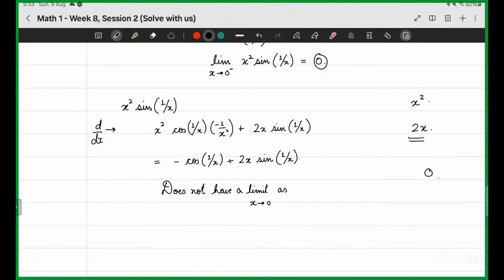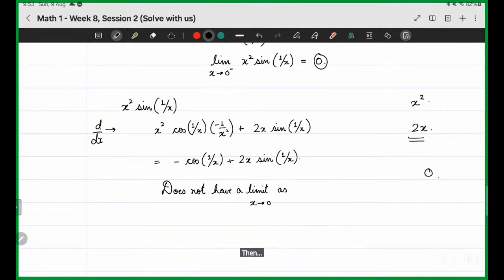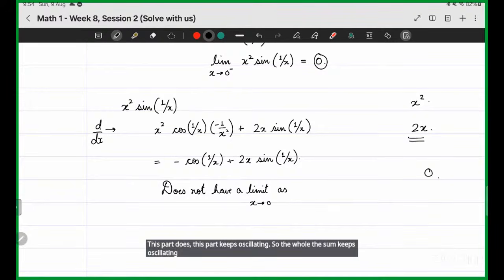The same thing happens with sine 1 by x also. But since it is multiplied by x, which itself is going to 0, by the sandwich principle that part converges to 0. This part keeps oscillating, so the whole sum keeps oscillating and cannot have a limit.